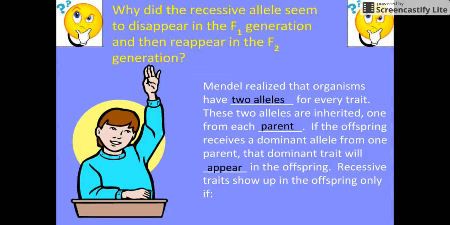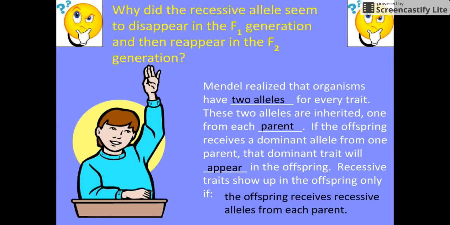Recessive traits only show up in the offspring if the offspring receives recessive alleles from both parents. So in order to show a recessive trait, you have to get a recessive allele from your mom and a recessive allele from your dad. In order to show a dominant trait, you only have to have one dominant allele from either your mom or your dad. You just need one.